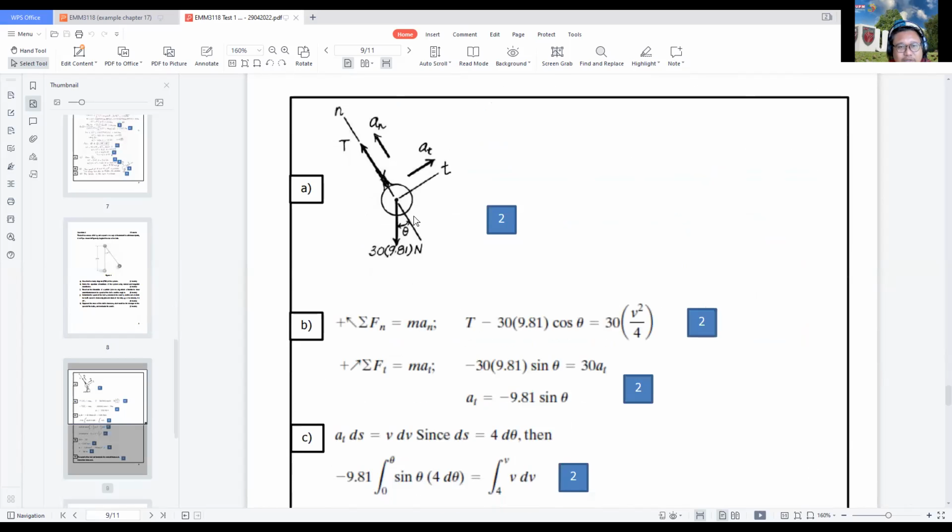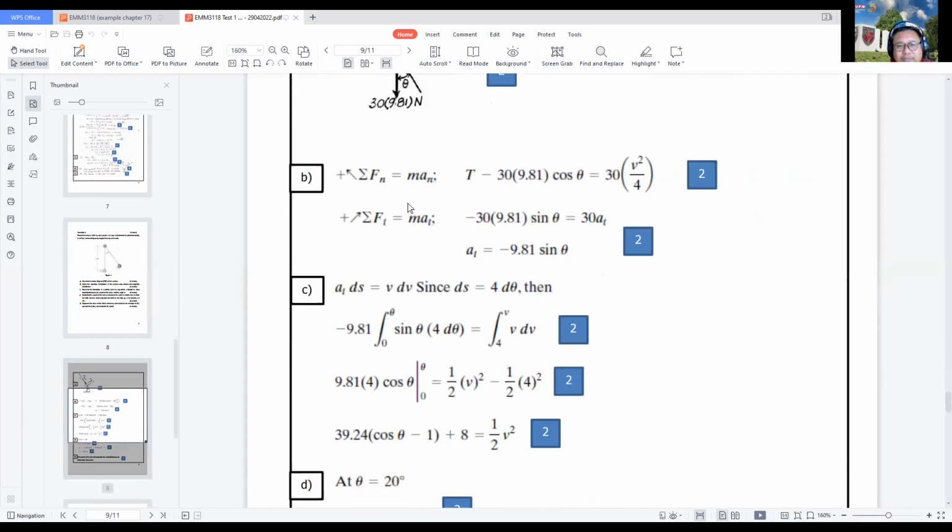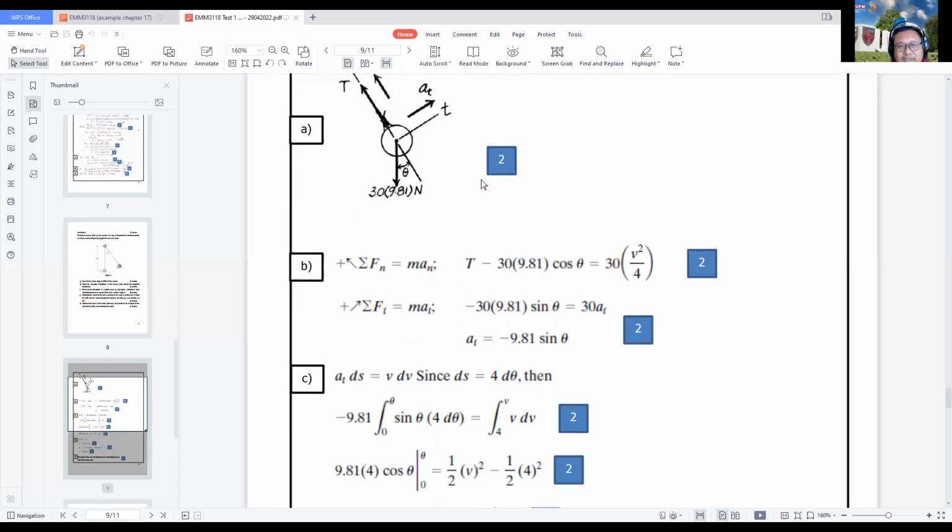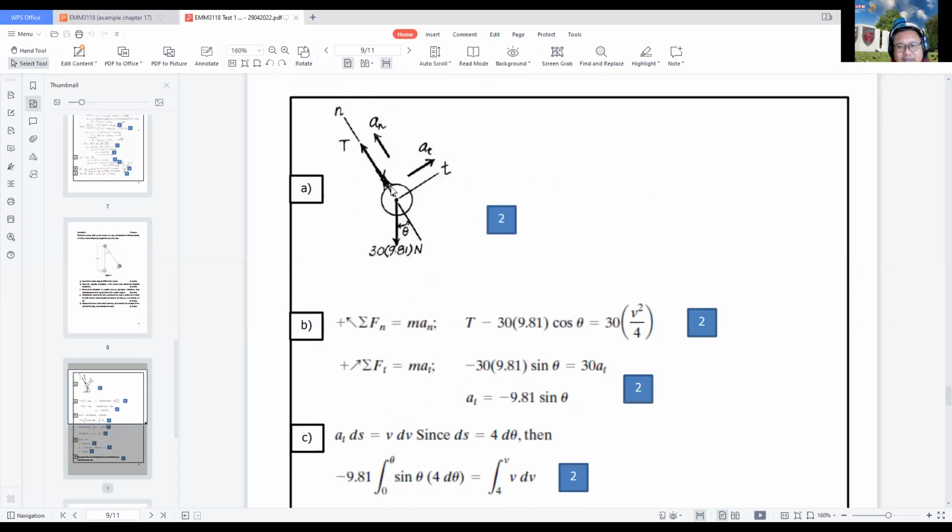Okay, this is the solution. This is the free body diagram for that particular problem. So we analyze it using normal and tangential force. The normal force is given here. We have this T, and then we have this coming from the weight cosine theta, equal to 30 times aN, which is v squared over rho.